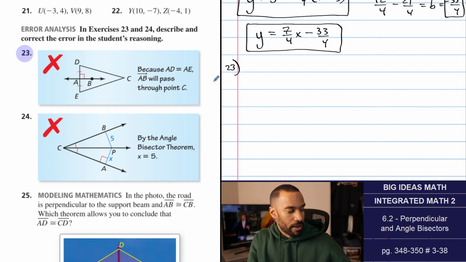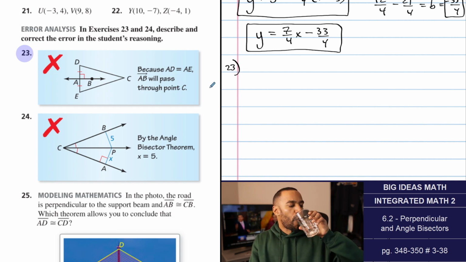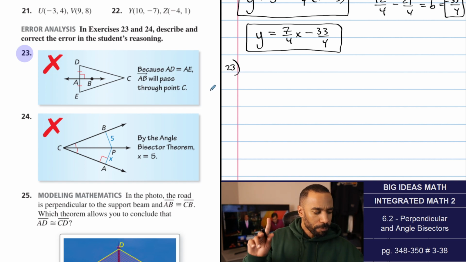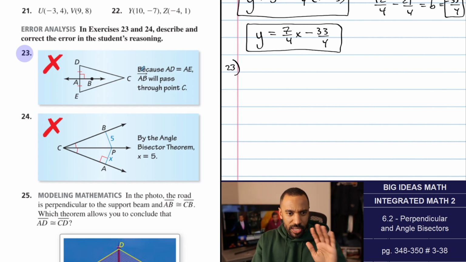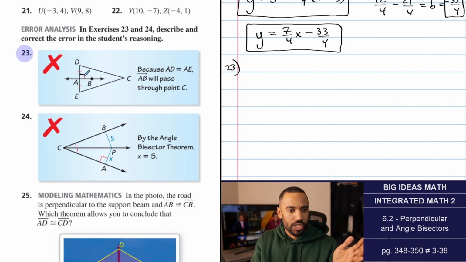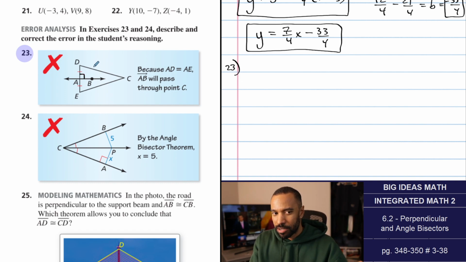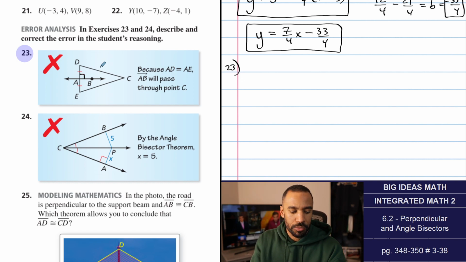I don't know anything about that point C. Now, I don't think an inherent error is in their typing that they neglected to mention it's perpendicular. Let's assume that we can see it through the drawing. We understand that. I don't know where point C actually sits.